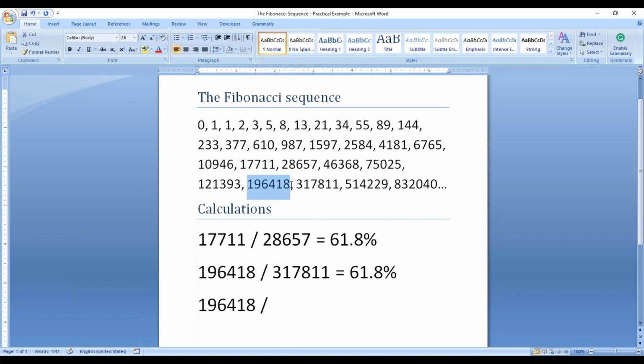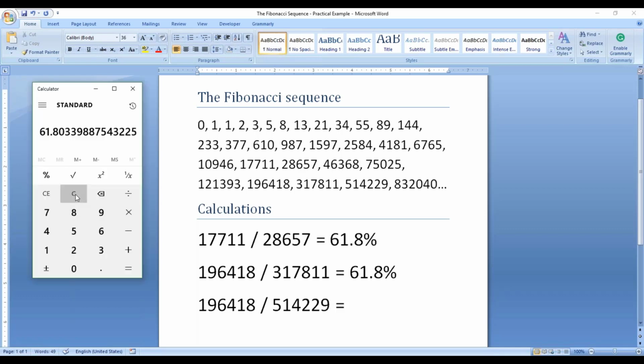Here it is, the base number over here, and the number that stays 2 positions to the right, 514,229. Let's pop up the calculator again. 196,418 divided by 514,229. We get a result of 0.3819660112517964, and so on and so on.